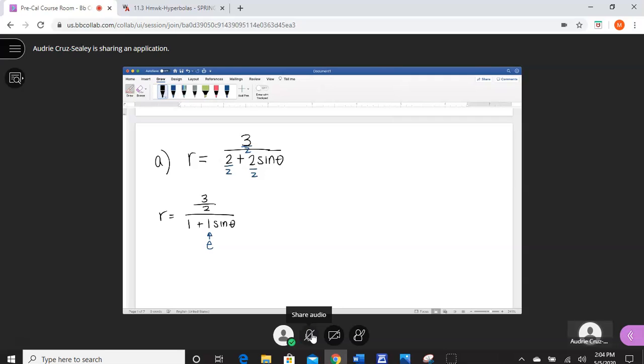Just one more time, to format this correctly, I'm going to have 1 times 3/2, here's your e, here's your d, over 1 plus 1 again, there's your e, sine theta. By getting it formatted like it is on the formula, we just found out that e is 1 and d is 3/2. Is everybody okay with that?